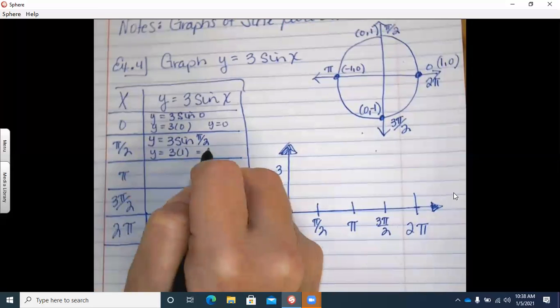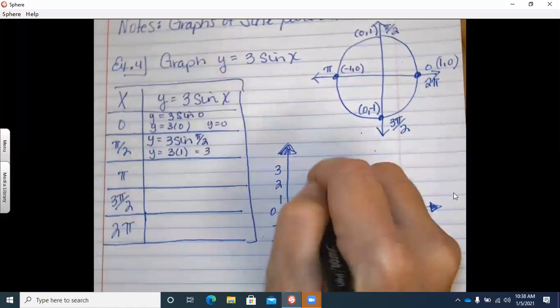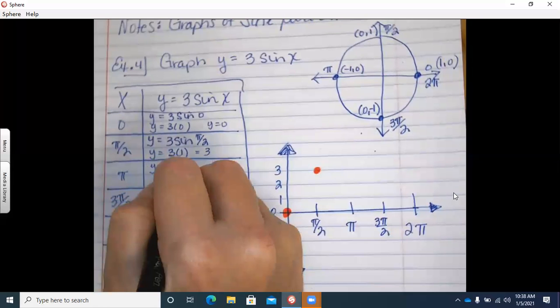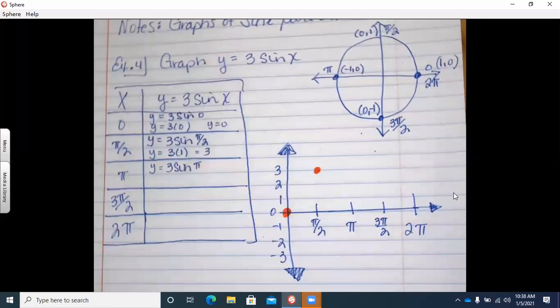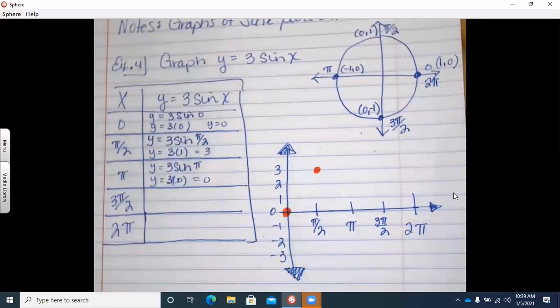So at pi halves, we plot a point at +3. Let's do pi. Y equals 3 times the sine of pi. Sine of pi is 0, so that would be 3 times 0 equals 0. So at pi, we plot a point at 0.